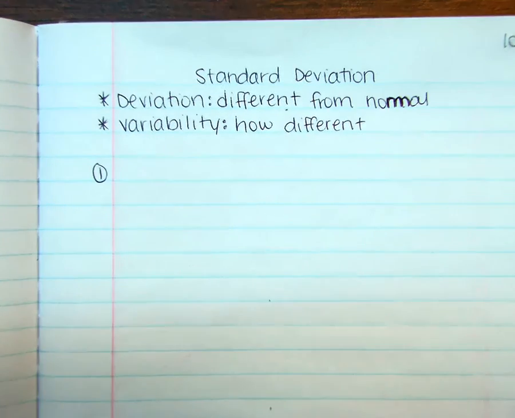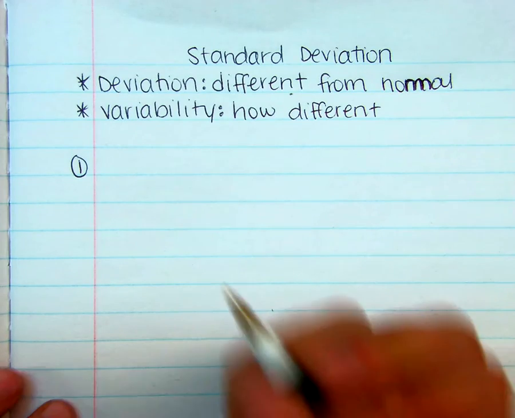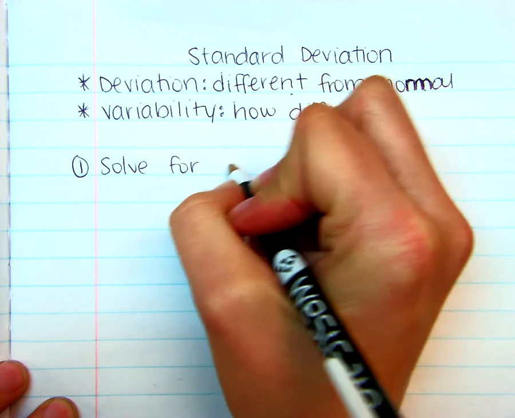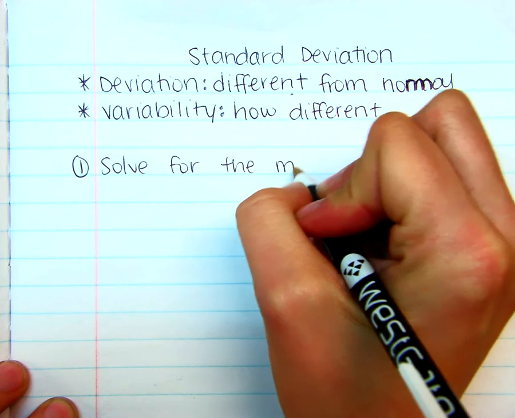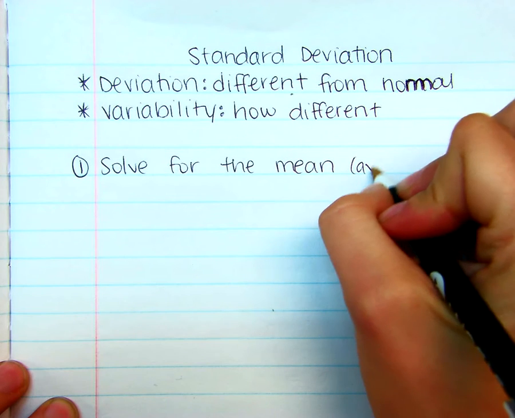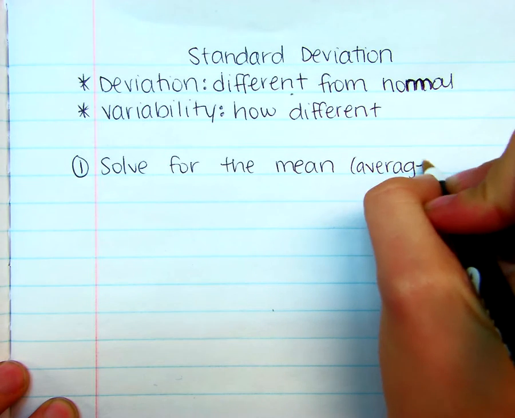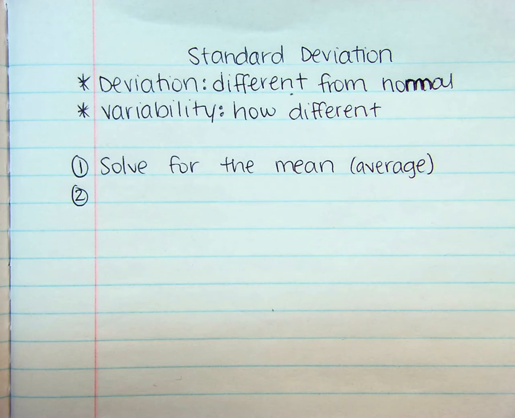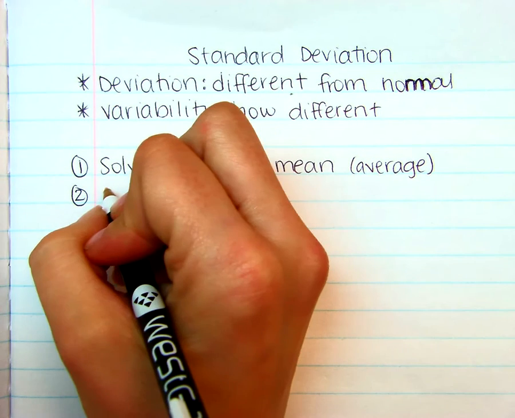First step is you have to solve for the mean. Okay, we all know that the mean is the average. After we solve for the mean, then we need to find the difference from the mean. What's the deviation?